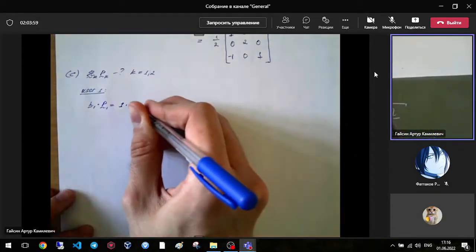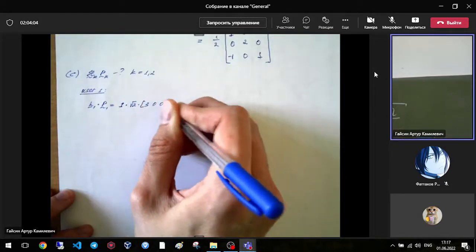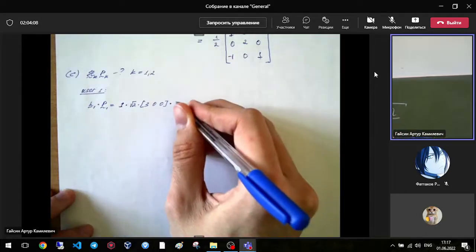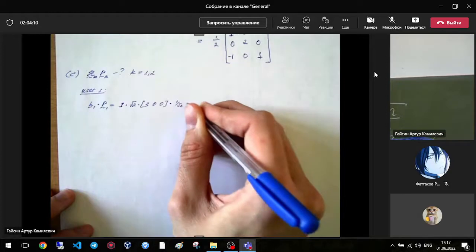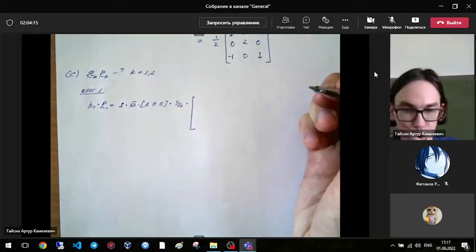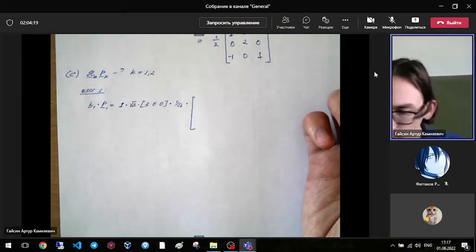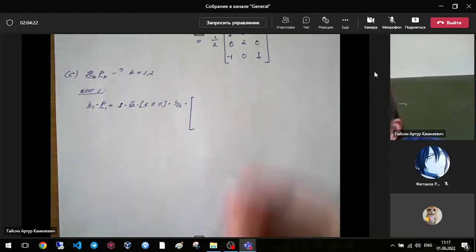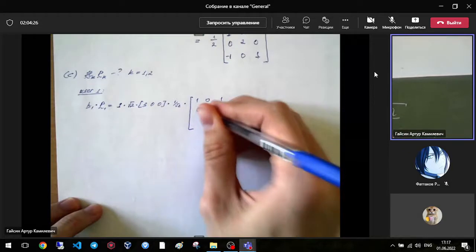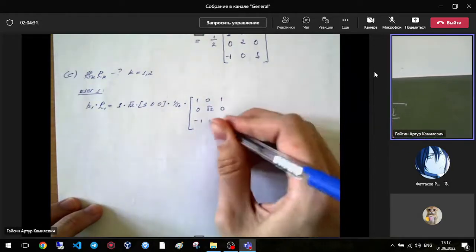So let's move this square root of 2 times 3, 0, 0. Then multiply this thing by 1 divided by square root of 2. Multiply overall thing to what we have here: 1, 0, 1, 0, square root of 2, 0, minus 1, 0, and 1.